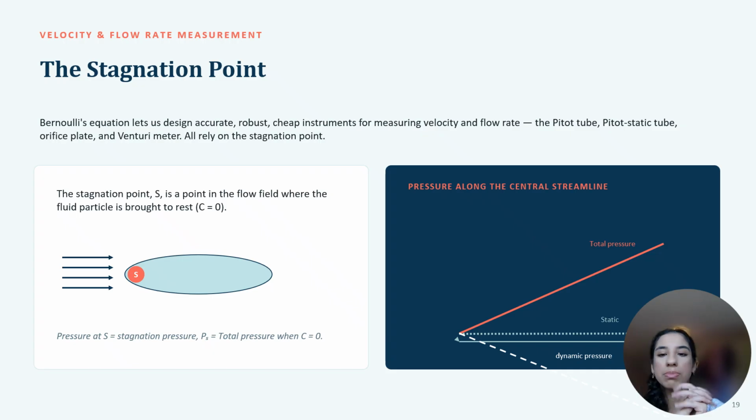Now, stagnation point. Oh my god, yes. This is finally something I love. Basically, all you have to know is that it's the point in the flow field where the fluid particle is brought to rest. So think about it: you've got a solid, and some air flowing towards the solid.